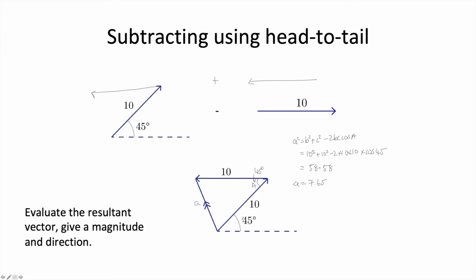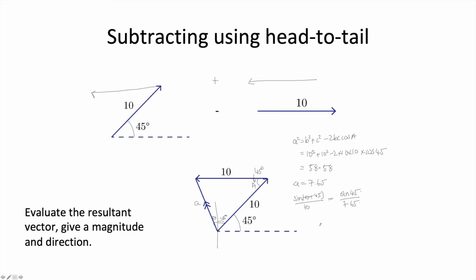But then once again, it's a vector, so we need to work out the angle. One way to do it is to find out what's this angle in here. So that part there is 45 degrees because these two sum together to give 90. So what we can do is say, sine of theta plus 45 over 10 is equal to, we know A now, so this is sine of 45 over 7.65.